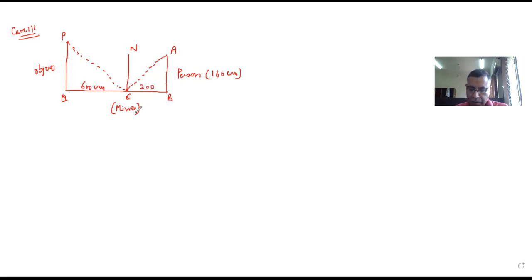This is 200 centimeter. CN is perpendicular to the mirror. Based on the above information, answer the following.